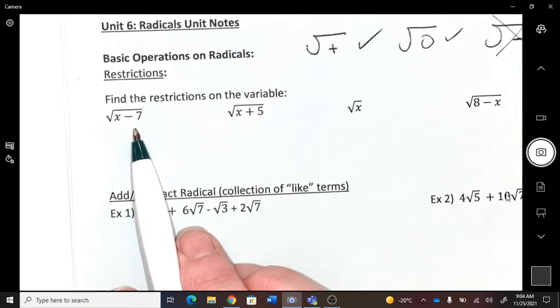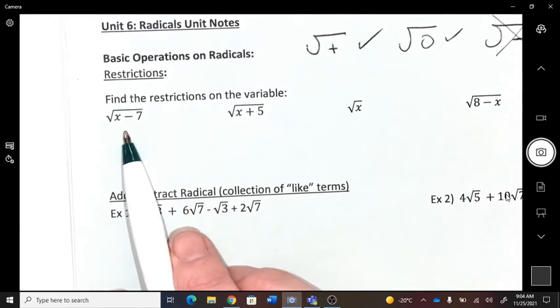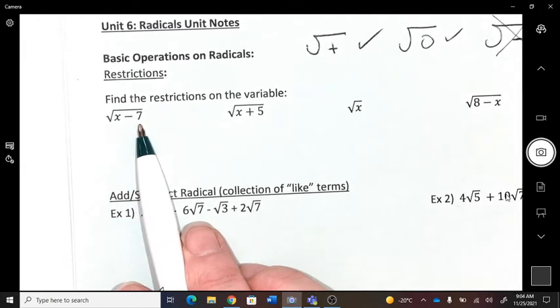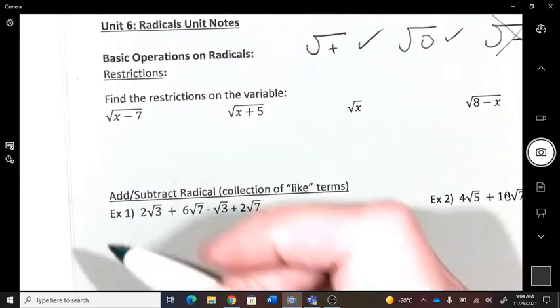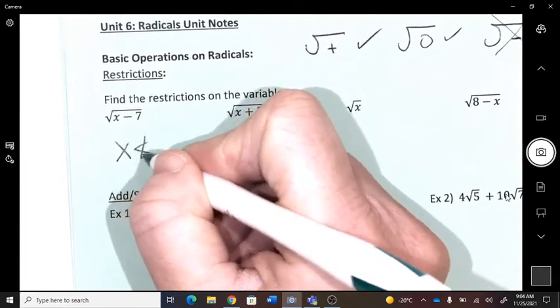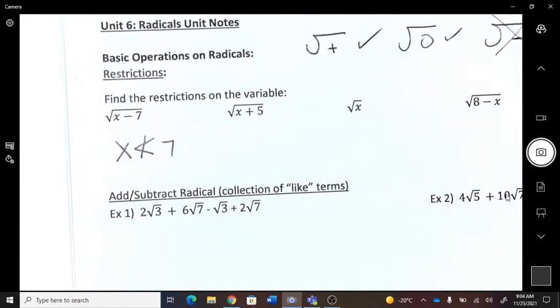Can I square root 0? Yeah. What about 5? Would 5 work for x? 5 subtract 7 is negative 2. Can I square root that? Can't square root that. So x is not allowed to be less than 7.